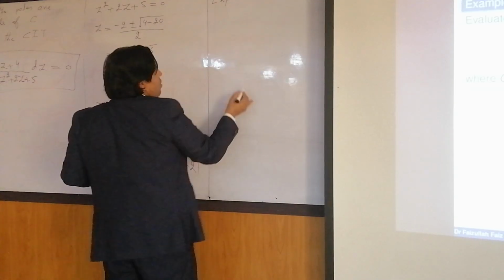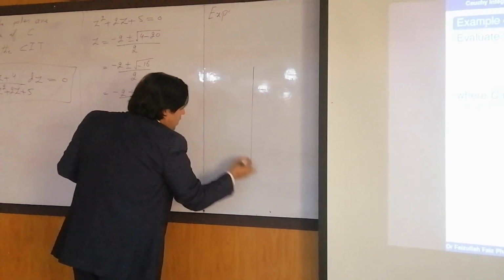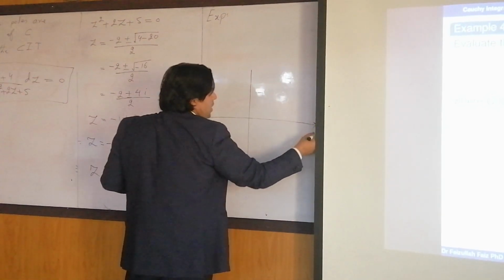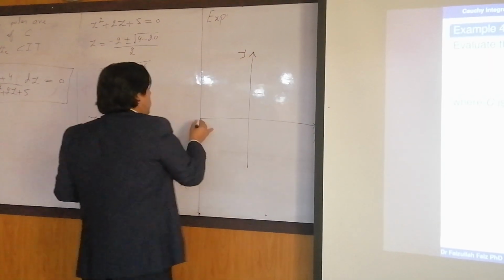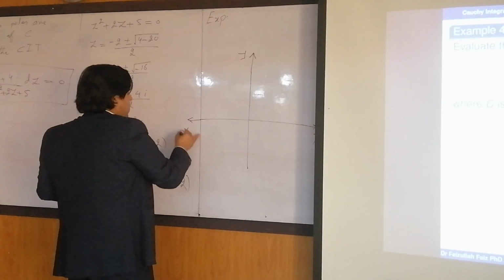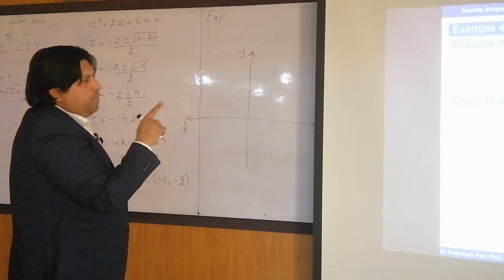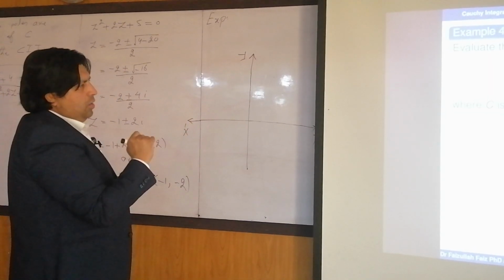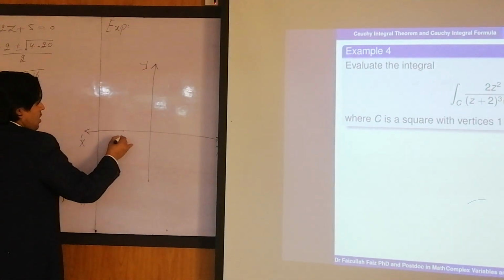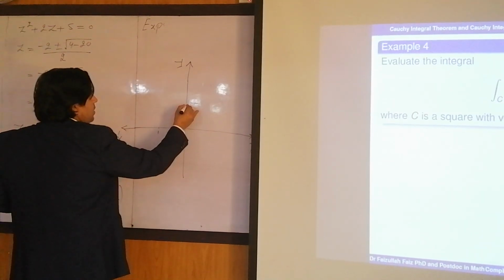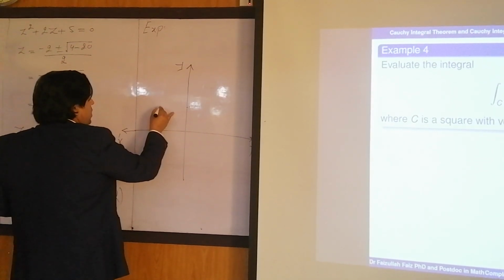So to draw the curve, let us see this. This one is the x-axis, this one is the y-axis, and this is x prime. The first point is 1 + i, which is (1, 1). So x is 1 and y is also 1, and the point lies here.